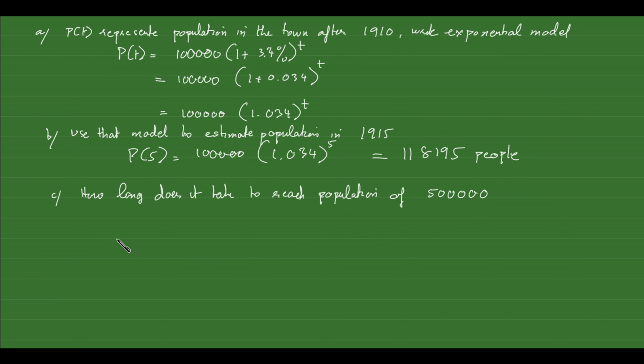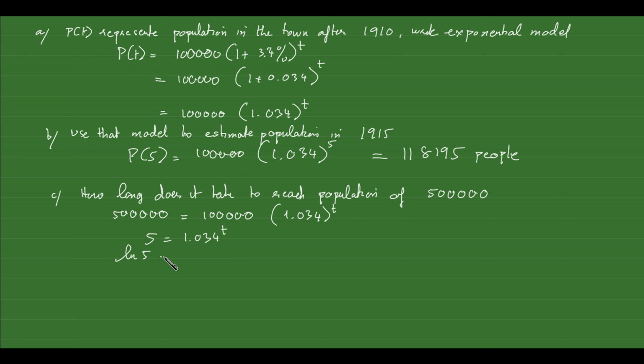Alright, so let's see. It means that we plug 500,000 in, right? It's equal to the original 100,000 times 1.034 raised to the t, so we need to find t because it's how long. So we divide by 100,000, which gives you 5 equals 1.034 to the t. Again, we have to use ln in this case.